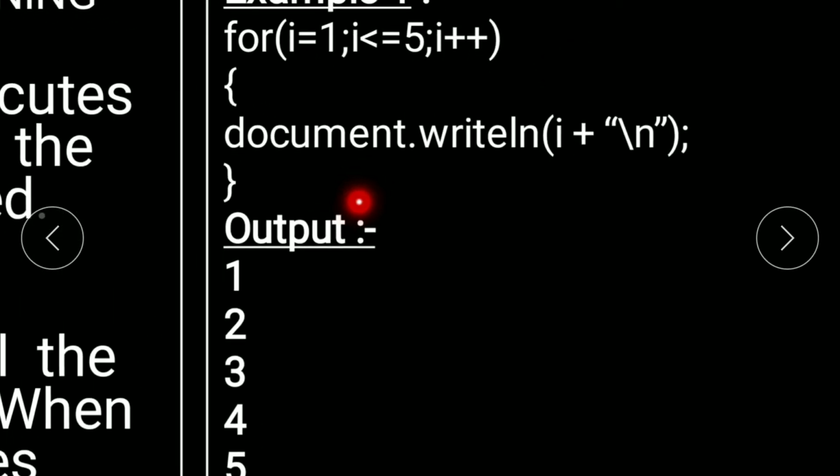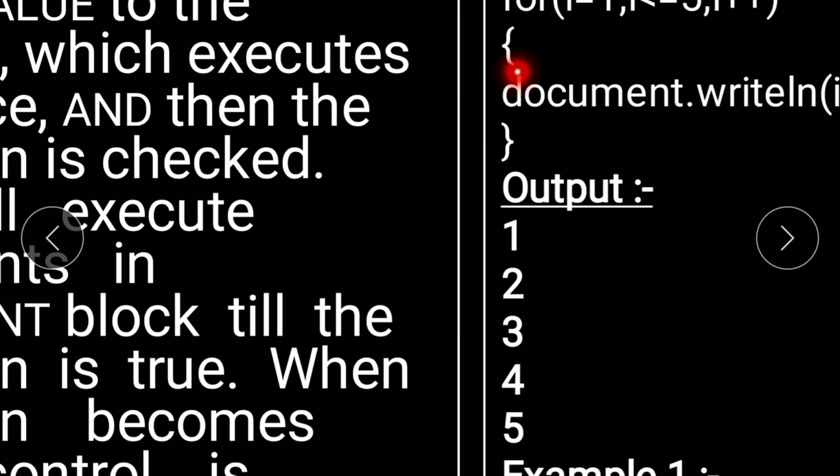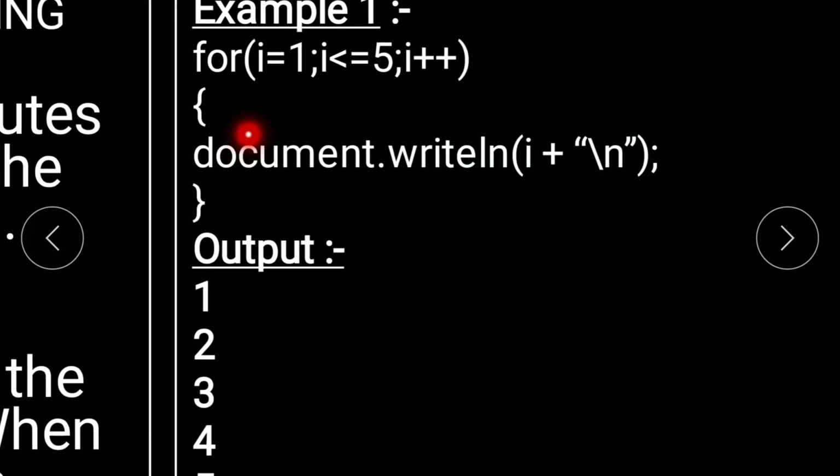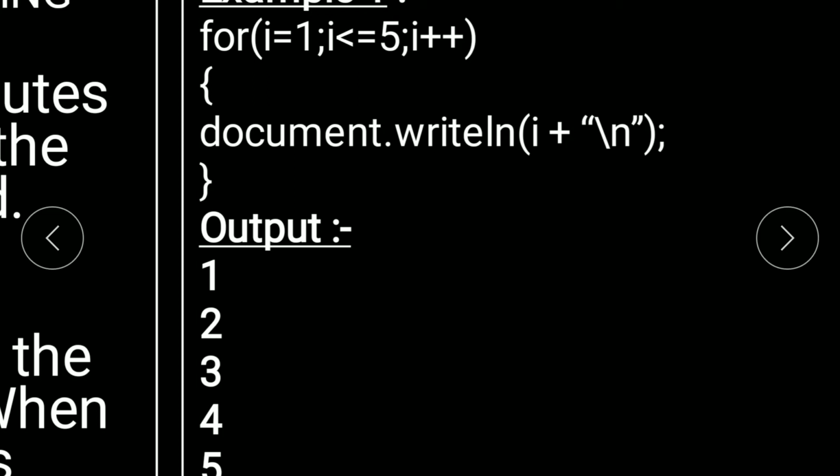First, here you can see in for loop, i equal to 1. So after initialization, condition will be executed. So i less than or equal to 5. Is it true? True. Then your statement is executed and prints the 1 value.